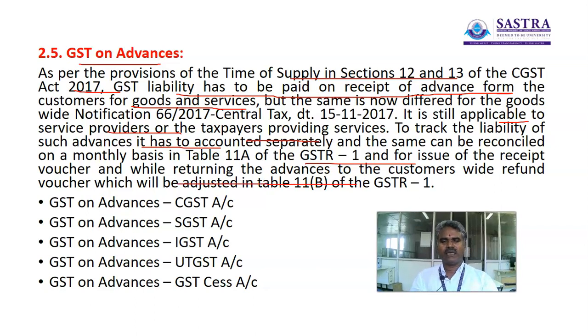Here you have to understand, suppose you adjust the advance against your output supply, and after adjusting, you have any surplus advance money, you have to refund it. Sometimes they may cancel the order and you return their advance. Sometimes you are not in a position to fulfill their order, you convince them and also return the advance. So here we have to maintain records and ledgers for both separately. That is very important.